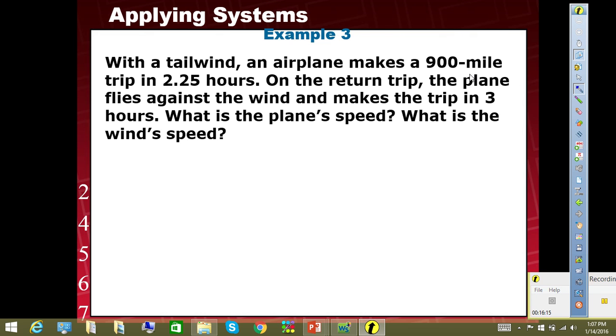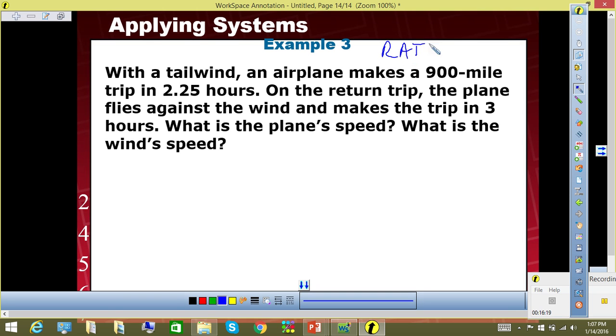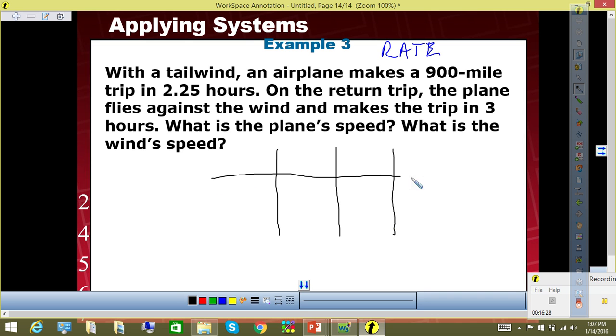So when you get to systems of equations that involve rates, the process goes as follows. Once again, same table, 3 lines down, 2 across. And let's underline key information. The first thing that comes to mind is this word, tailwind.